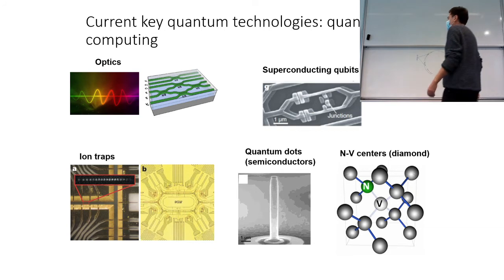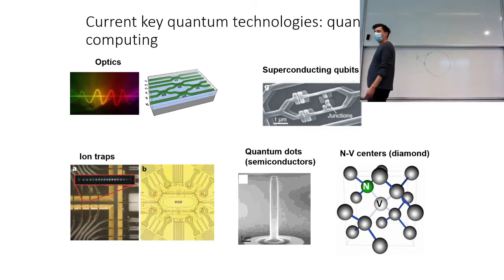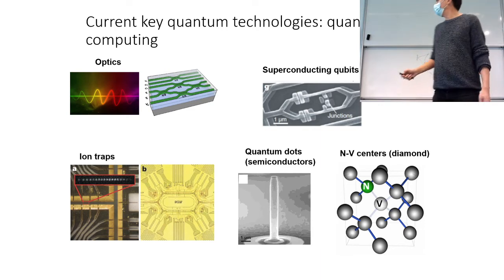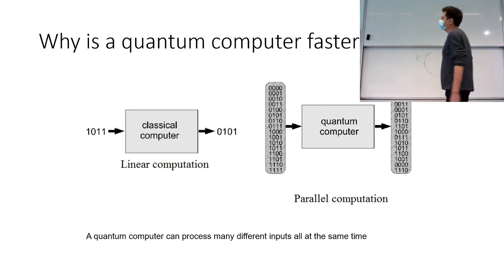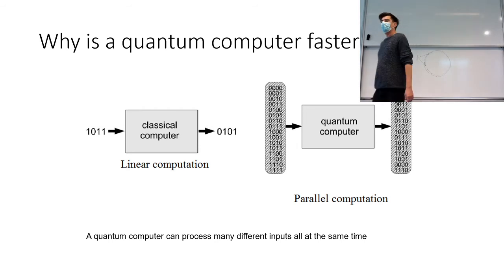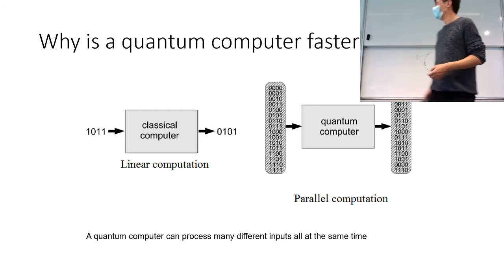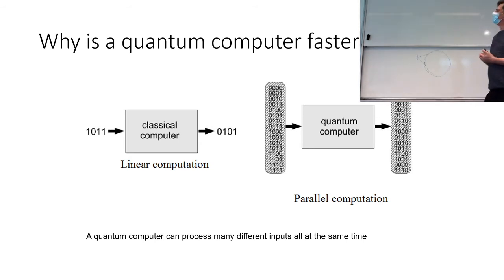But maybe the one that most people would agree, as I said, is the leading one is the superconducting computers. This is the one that IBM and Google and a lot of companies are now pursuing, and the one that's making a lot of breakthroughs at this point. Well, I personally hope that it will change, and then my particular platform will be the eventual winner, but of course, you never know.